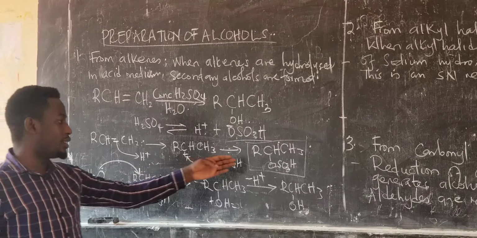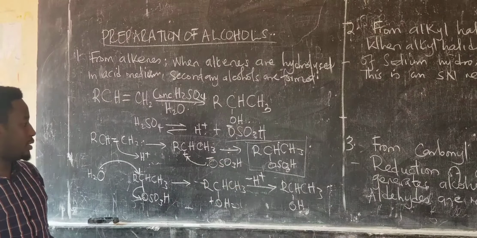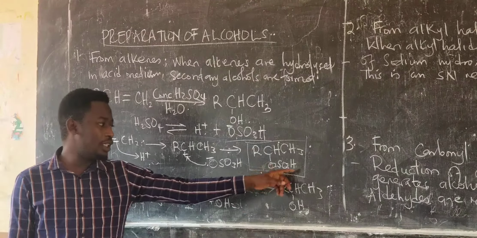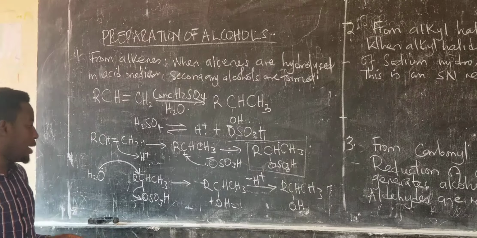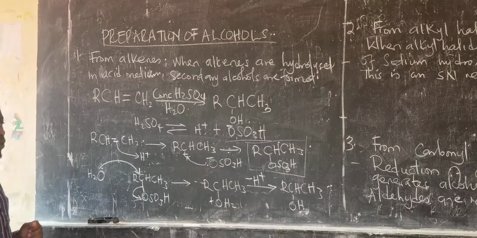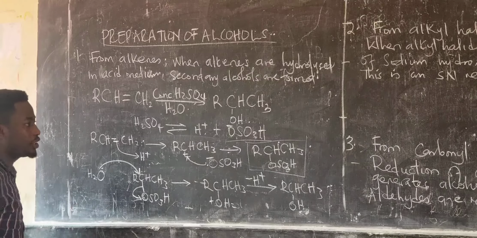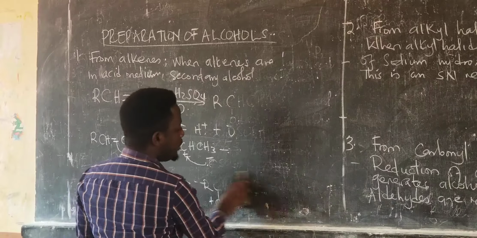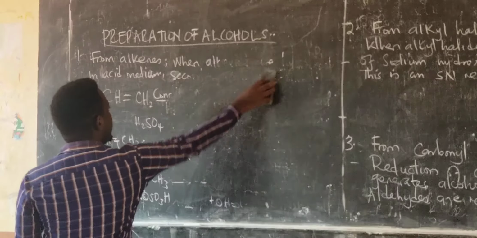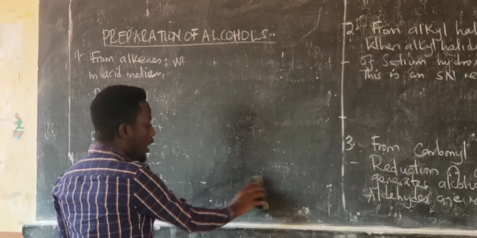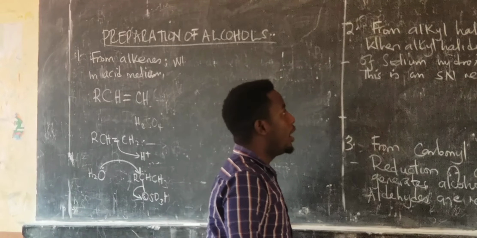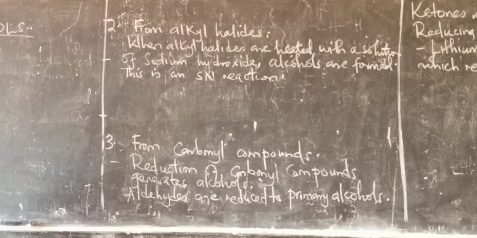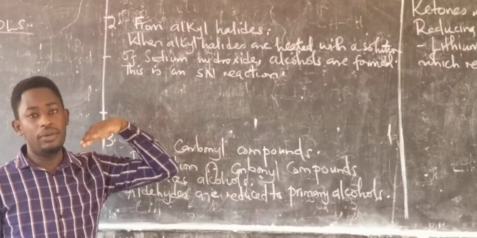It is an intermediate that is quickly replaced by a secondary alcohol, where the hydrogen sulfate is replaced by the OH. So that is our first reaction leading to the formation of alcohol, but specifically secondary alcohols. Now let's look at our second reaction that leads to formation of alcohols. It is from alkyl halides.